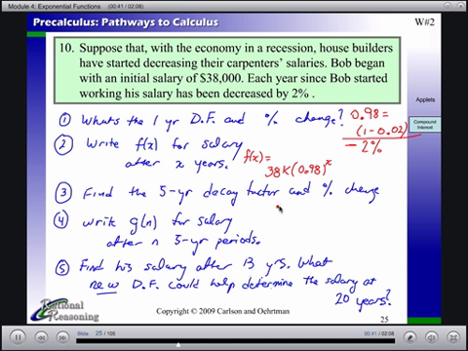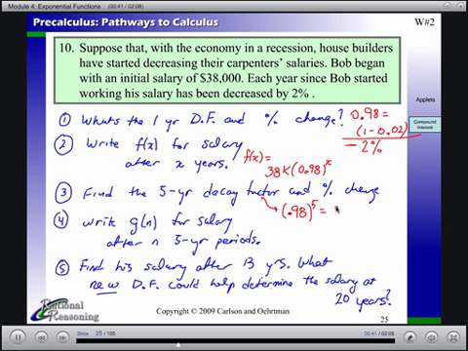Okay, how do we find the 5? So agree with the first two? The decay factor is 0.98. Percent change is decreasing 2%. Okay, and then this is the function. So what's the 5-year decay factor? The 5-year decay factor is going to be what we multiply to get 5 years later. 0.98 to the 5th.